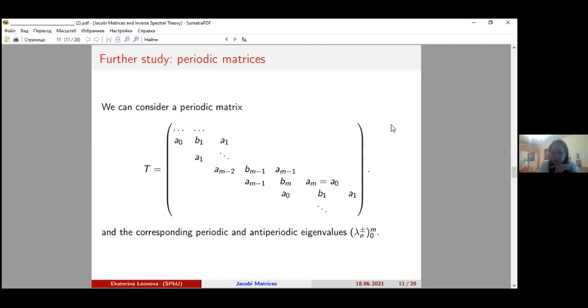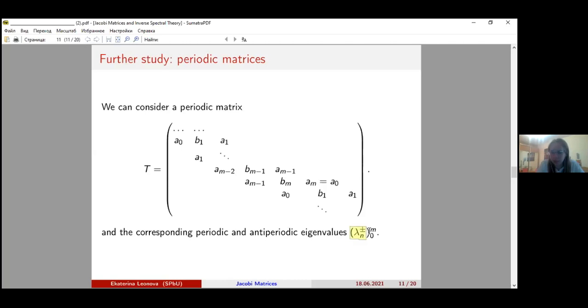So we can also make a finite dimensional problem from this. We can again consider this part, take A_0, take a minus A_0 and move it here, and then take A_M, turn it into minus A_M and move it there. And it will be the matrix that will give us the eigenvalues we need.